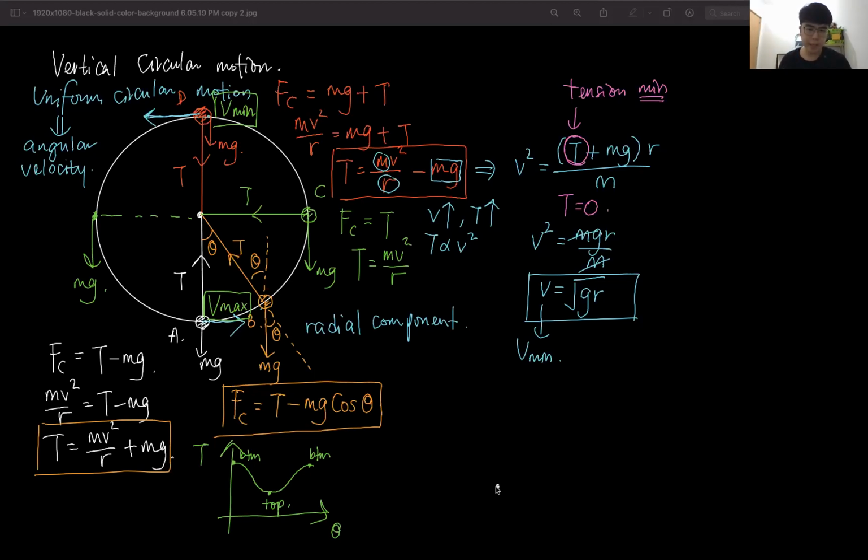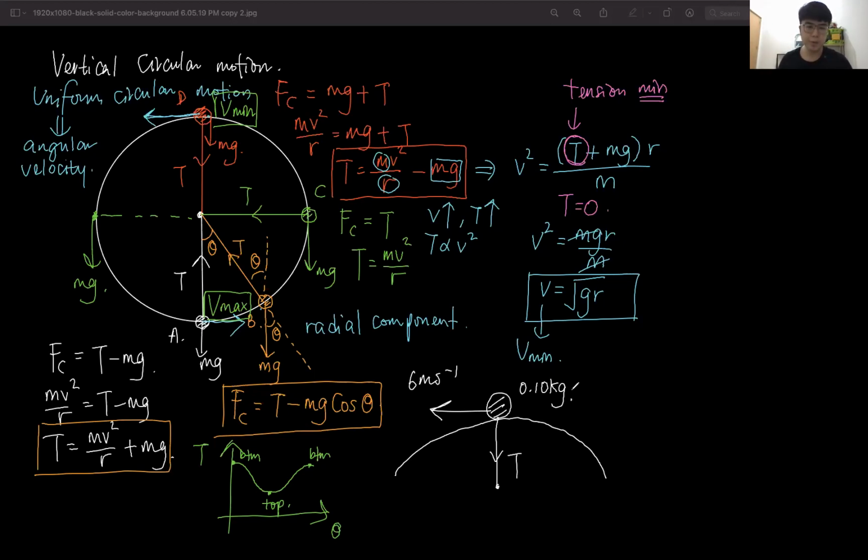Let's say I swing an object of mass 0.10 kg in a vertical circular motion with a linear velocity of 6 meters per second. Calculate the tension T here at the top of the circle.